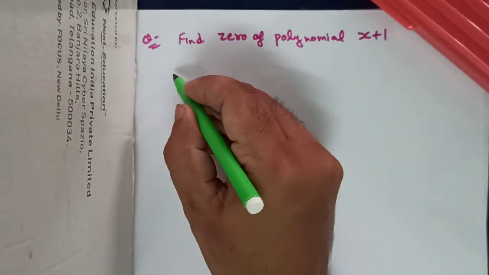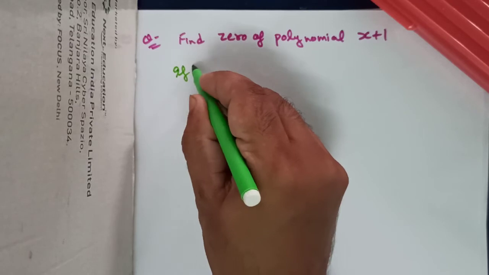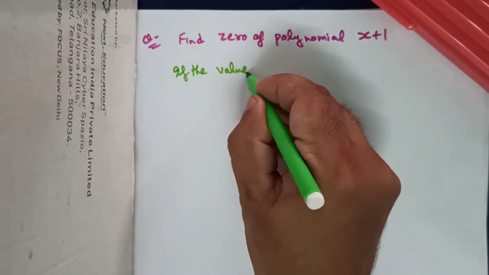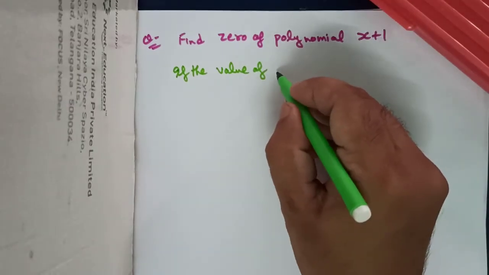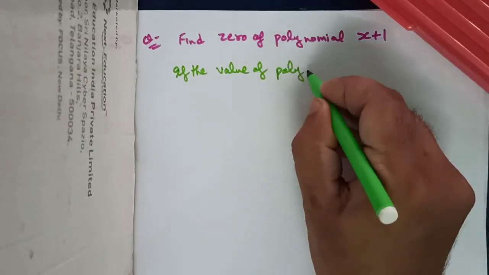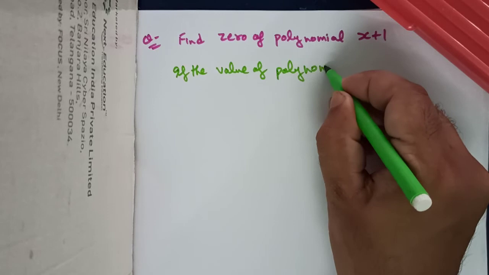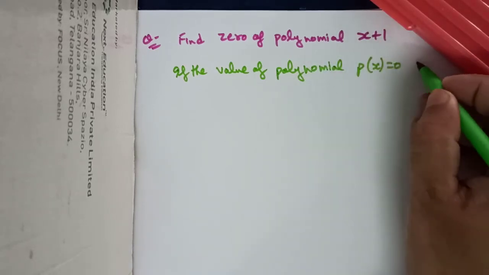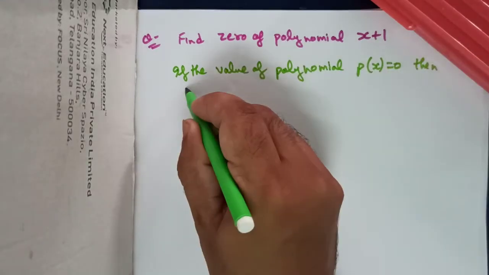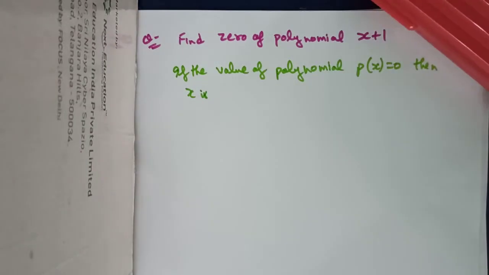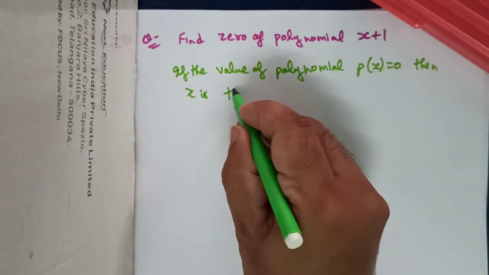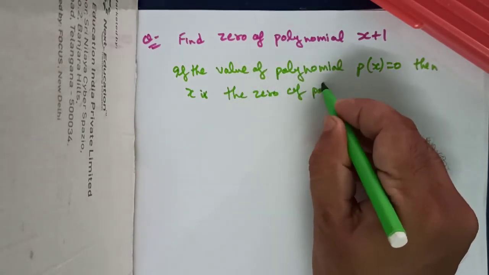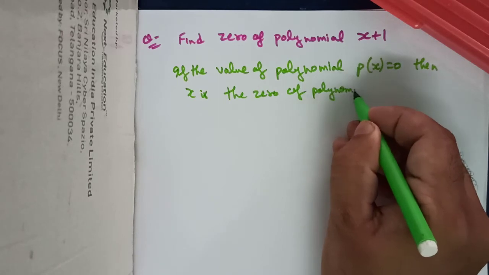That means if the value of the polynomial, that is p(x), is 0, then x is the zero of the polynomial. Are you getting? I have just reversed the statement.